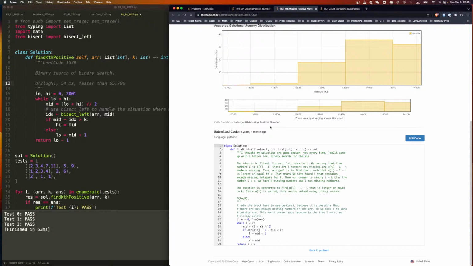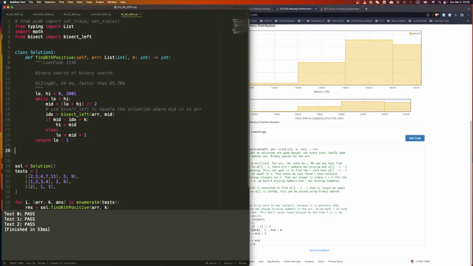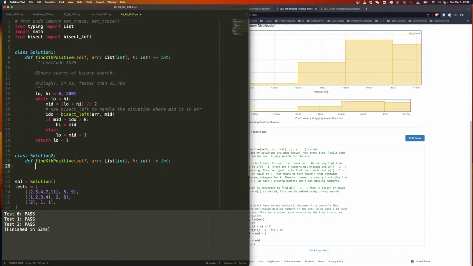So array mid minus 1, what's that? Mid is index, right? That's the index. So we find this index. This minus 1, total number in front. Minus mid. It's a total missing number. Oh, this is very good. It's a better binary search.